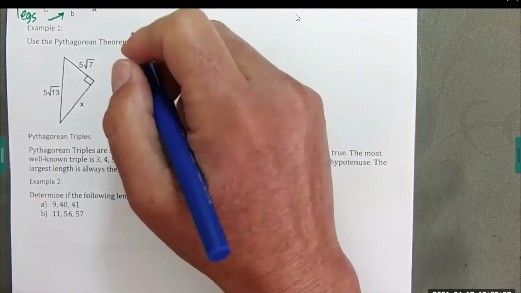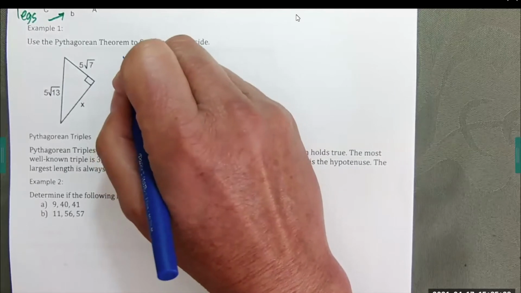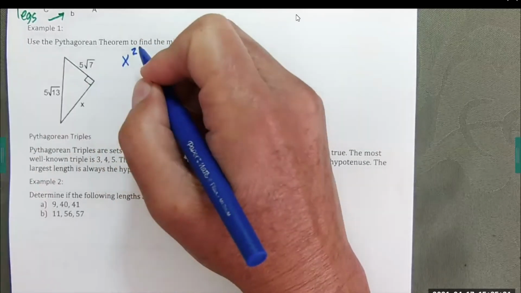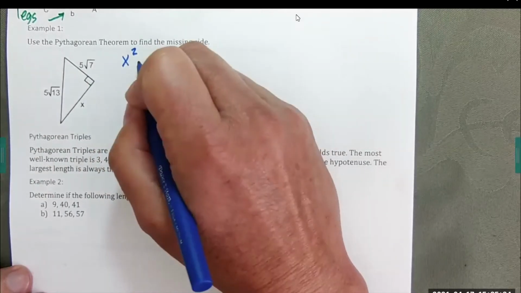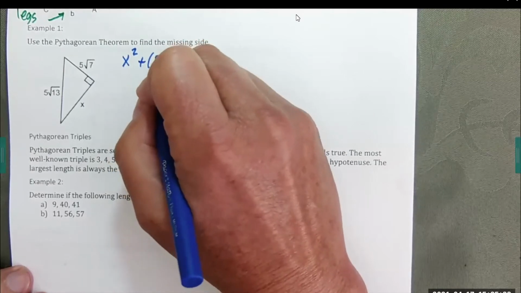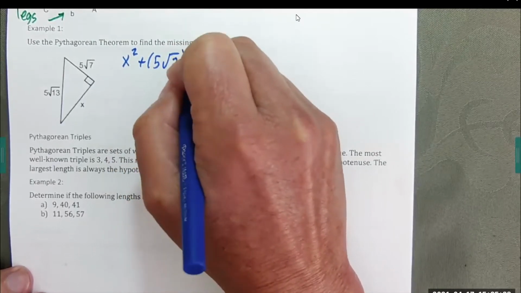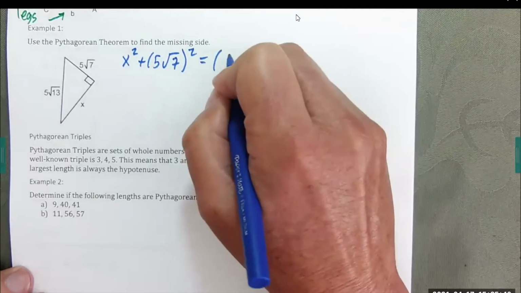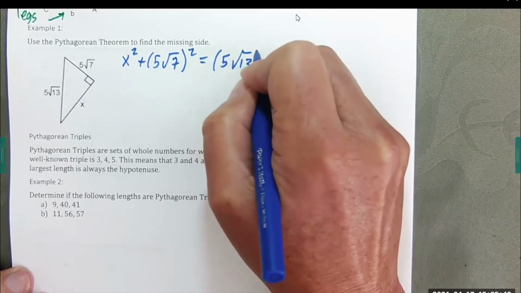So I'm going to take leg squared, which in this case is x squared. It doesn't matter which one you put first. You can have the 5 root 7 first as well, plus 5 root 7 squared equals 5 root 13 squared.